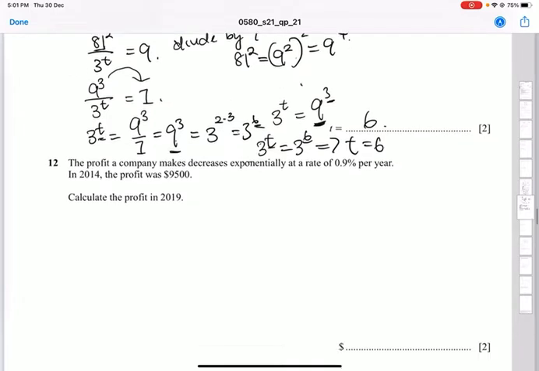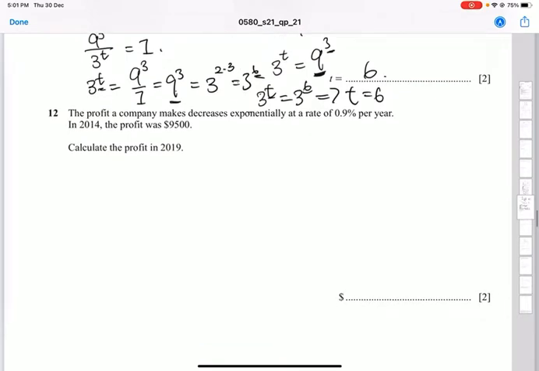Okay. Now let's go on to number 12. It says here the profit a company makes decreases exponentially at a rate of 0.9% per year. So if you look at the exponential rate formula, it tells you that it goes of the form some constant times 1 minus r to the power of t. t is time and r is the rate factor. So the rate here is 0.9% per year.